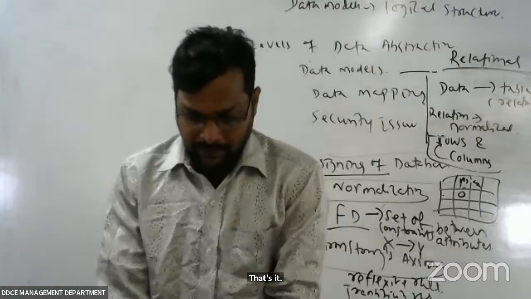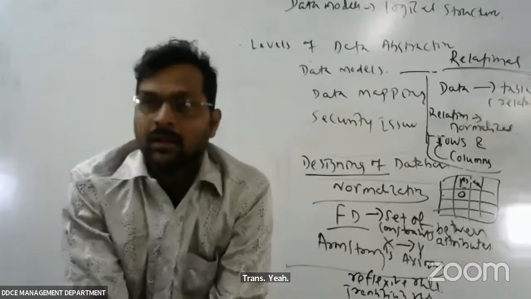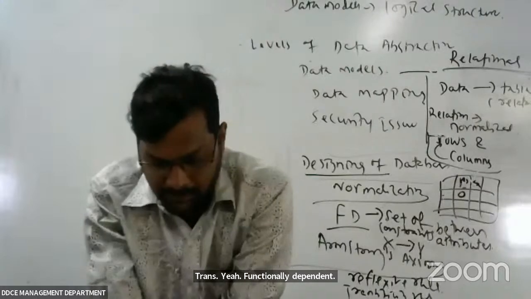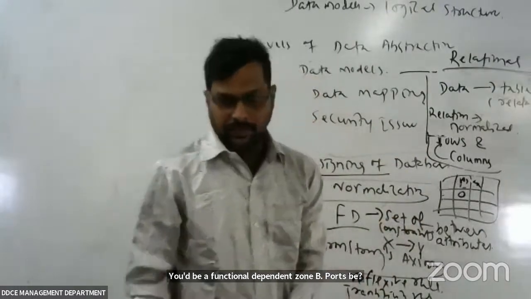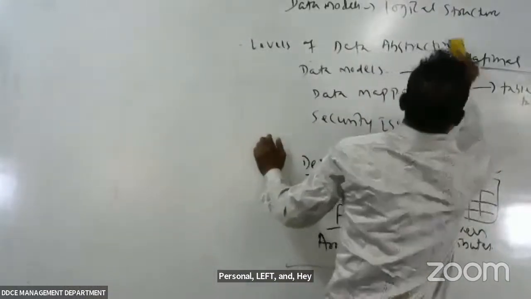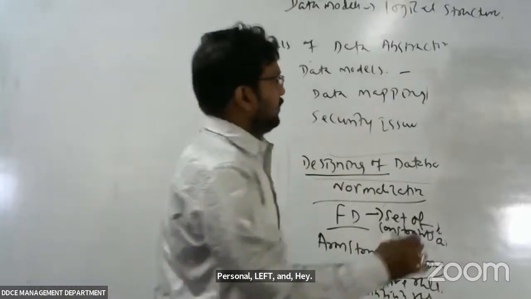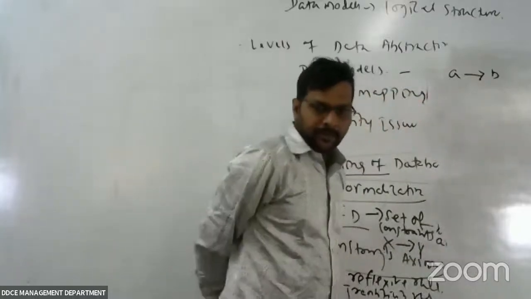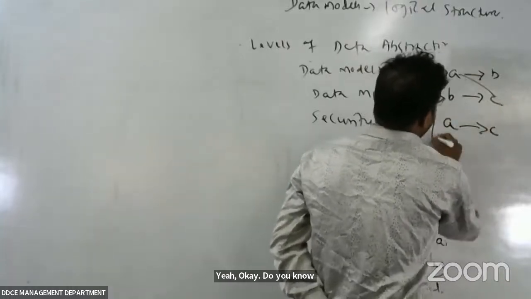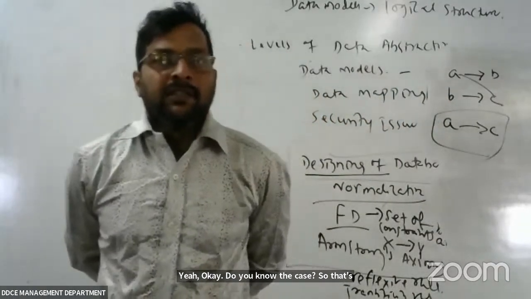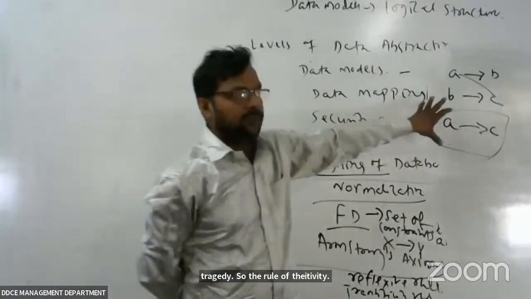The transitivity rule says if A functionally depends on B, and B functionally depends on C, then in the general case, A functionally depends on C. So we can derive it easily, because this is the rule of transitivity. That is what determines the value.